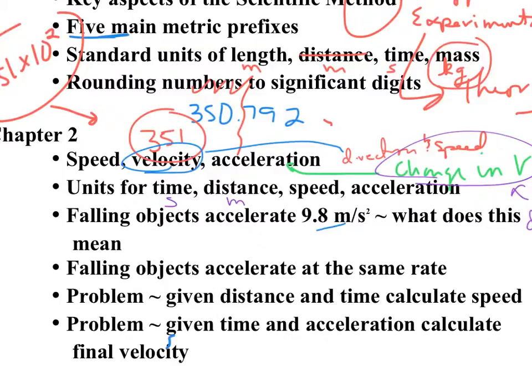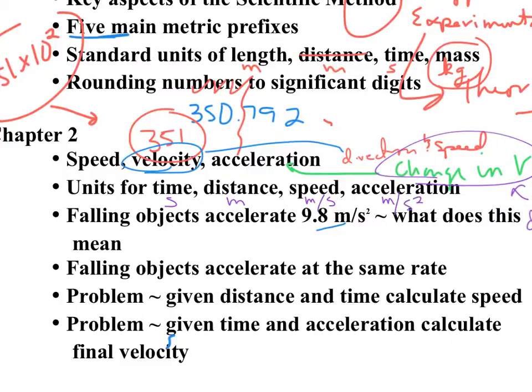Even how long or the distance of a wavelength is going to be in meters. Okay. So speed would be meters per second. And then acceleration is meters per second squared.